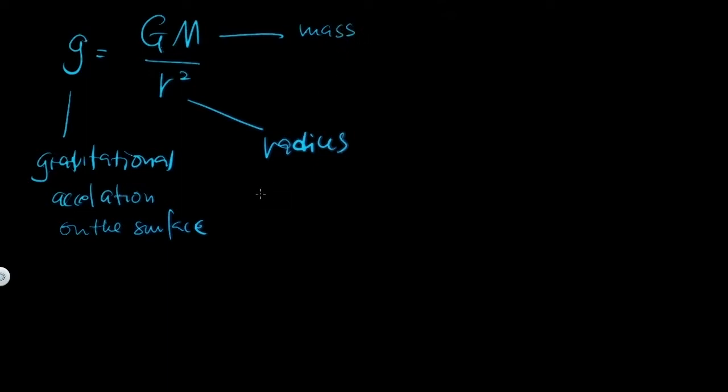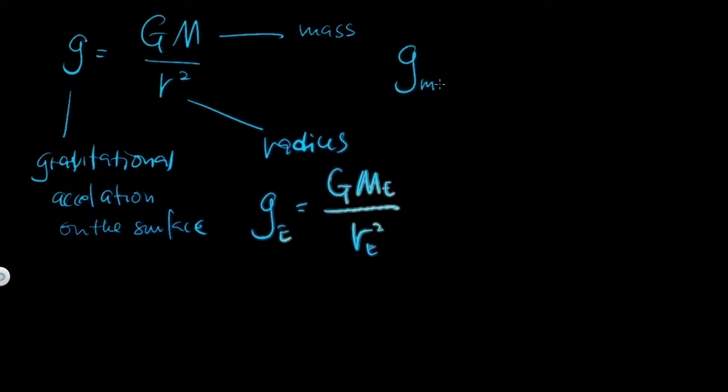So that means if we want to find the value of g, the gravitational acceleration on the surface of Earth, we can use G times M, the mass of the Earth, divided by the square of the radius of the Earth. Or if we want to find the gravitational acceleration on the moon, g moon, we can use G, the mass of the moon, and the radius of the moon.